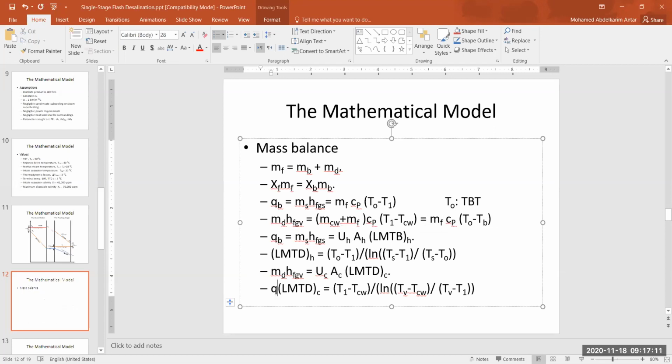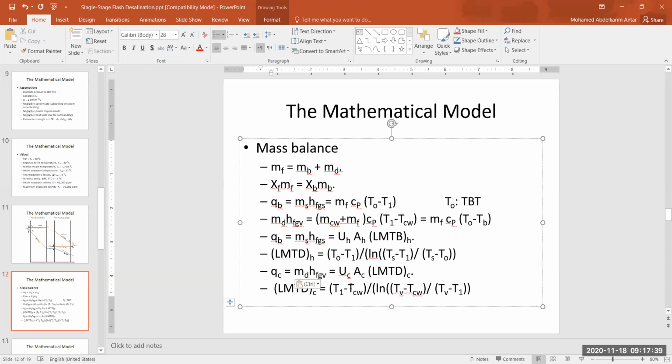So Q of the stage here, or Q for the condensation process, is m dot distillate HFG. It's equal to the overall heat transfer coefficient for the condensation tubes, area of the condensation tubes, into the log mean temperature difference of the condensation tubes.